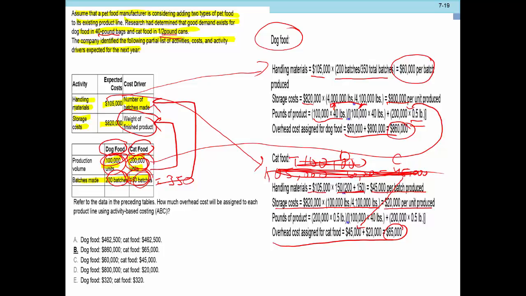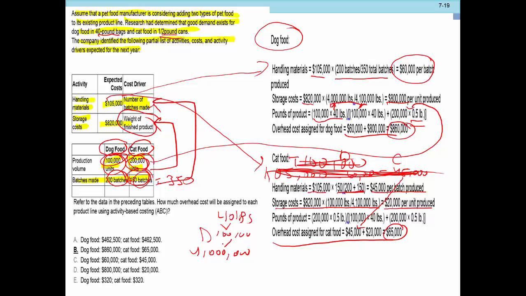I'm still a little confused how you got the 4,100,000. How did you get the 4 million? The 100,000 is the cat food. So the dog food was 4 million, right? Which was 40 pounds per bag times 100,000 bags.